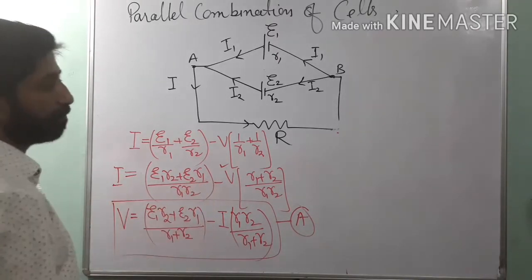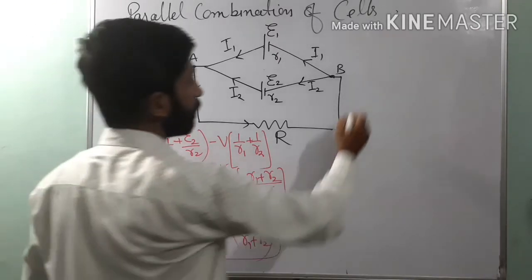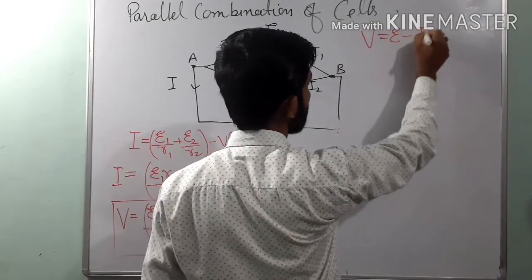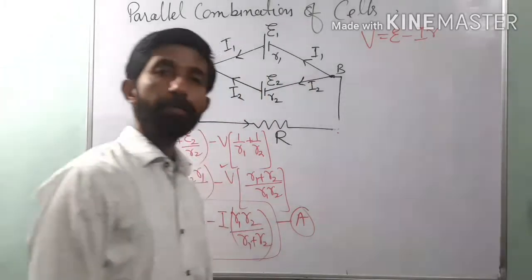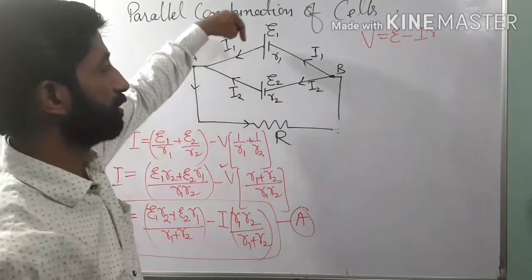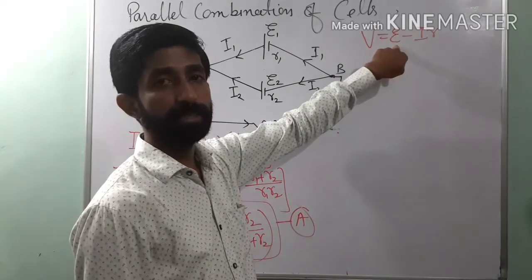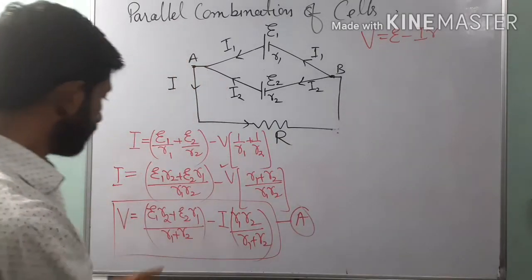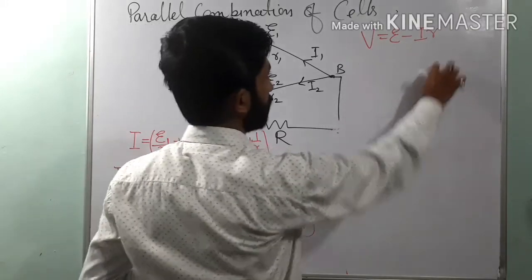Now we shall compare this equation using what? The terminal potential is equal to EMF minus I into R. We have a single cell, but we have a combination of cells. So this is standing for the equivalent EMF. So we shall compare this equation A with this sort of equation.